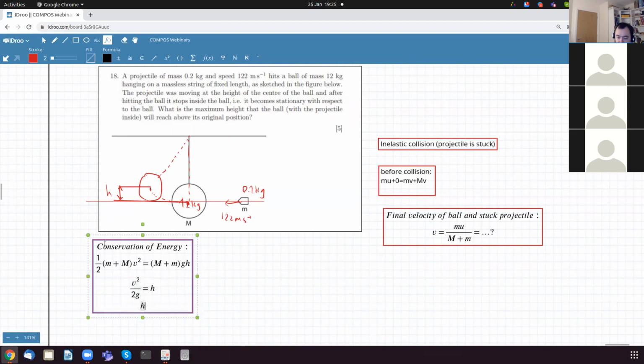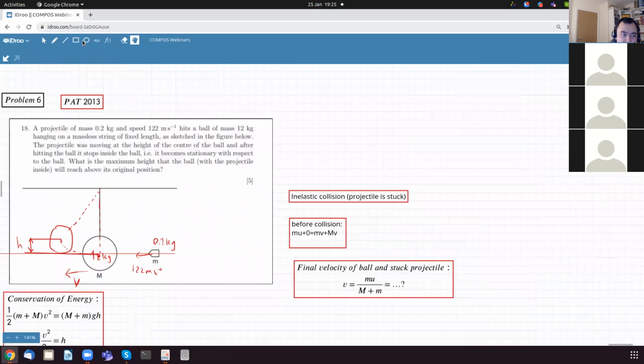I'm just going to rewrite this, v squared over 2g, where v is the velocity after the collision. It's not the final velocity of the ball, because the final velocity of the ball is 0. So we have the velocity of the ball after the collision, which is v.